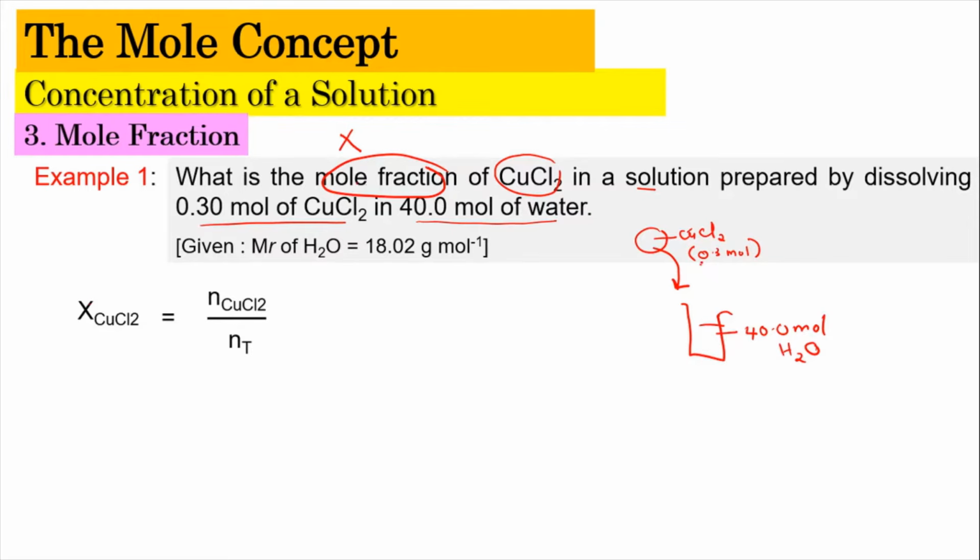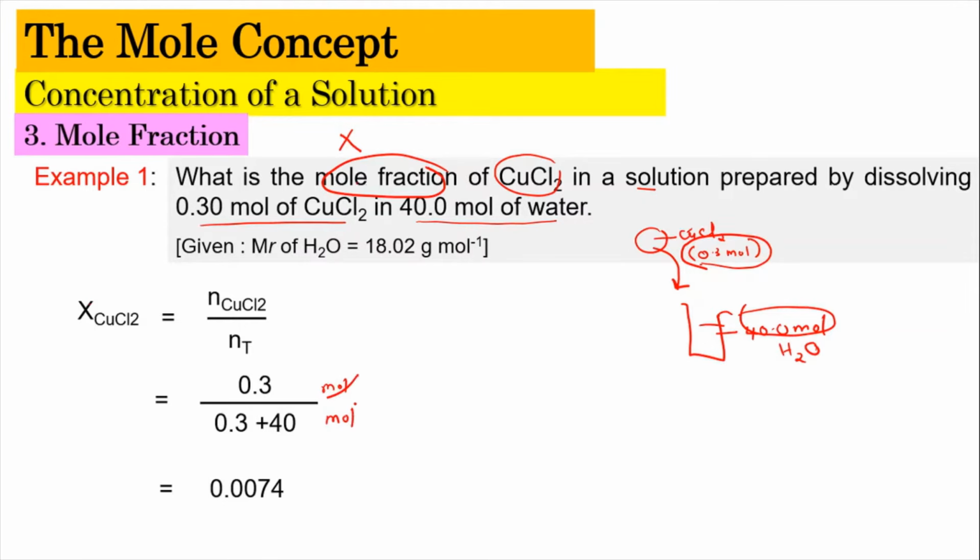So we add up the number of mole of this one and the number of mole of this one as the total. The number of mole of CuCl2 is 0.3, meanwhile the total number of mole is 0.3 plus 40. And hence, once we do the math, we're going to get 0.0074 without any unit because mole and mole are cancelled out.